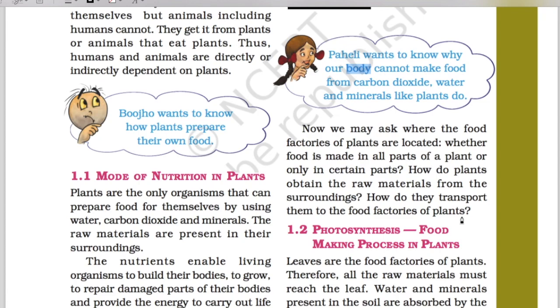Do you need to transport that? Yes, just like that, plants also need to transport raw materials to the food factories. In the next topic, we will try to find out the answer to all these questions.